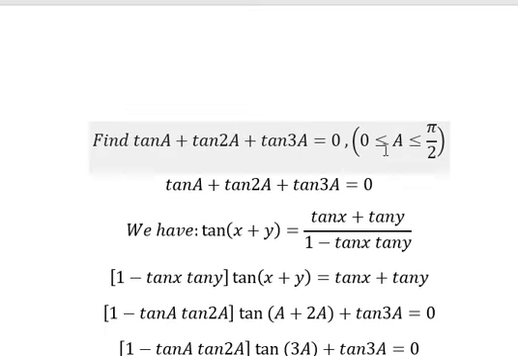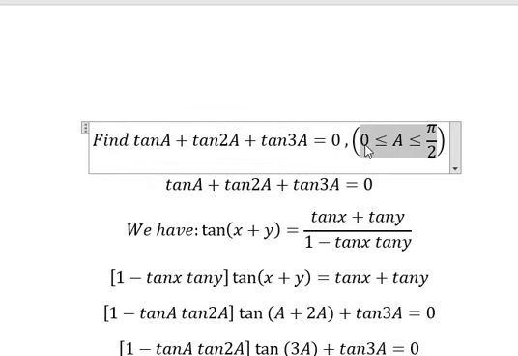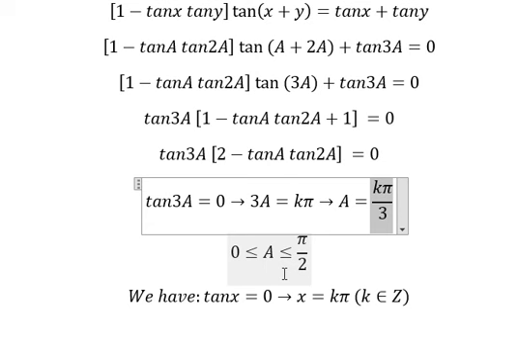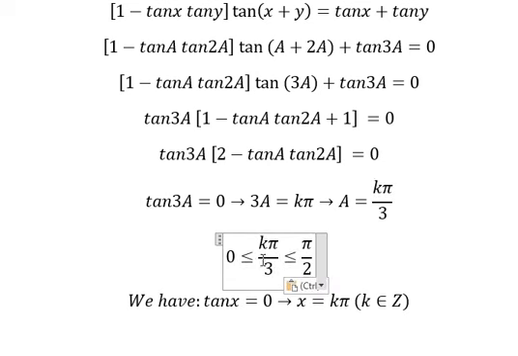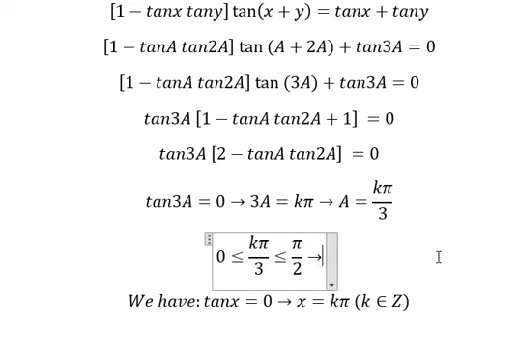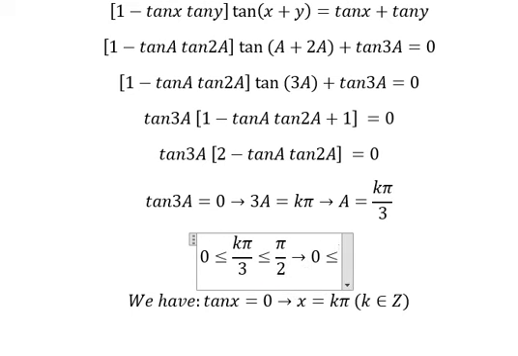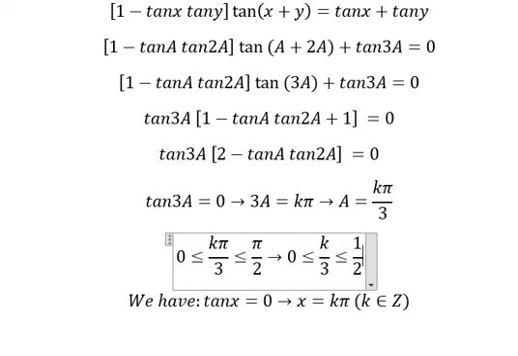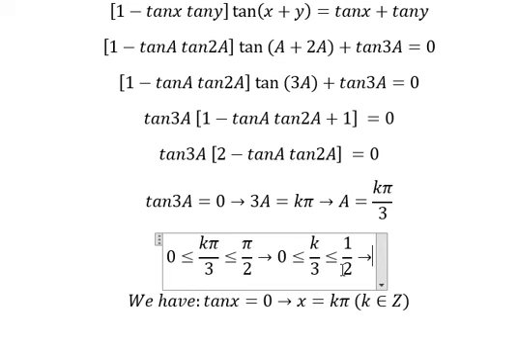So we know that θ belongs from 0 to π over 2. And now I will put this one here to find the value of k. So we divide both sides by π. Later that we multiply both sides by number 3.